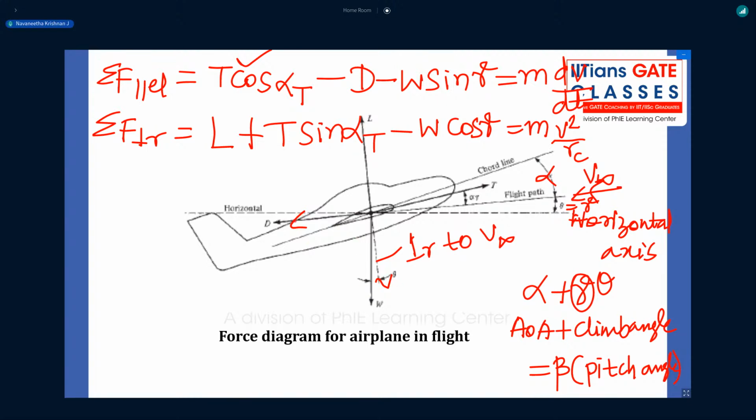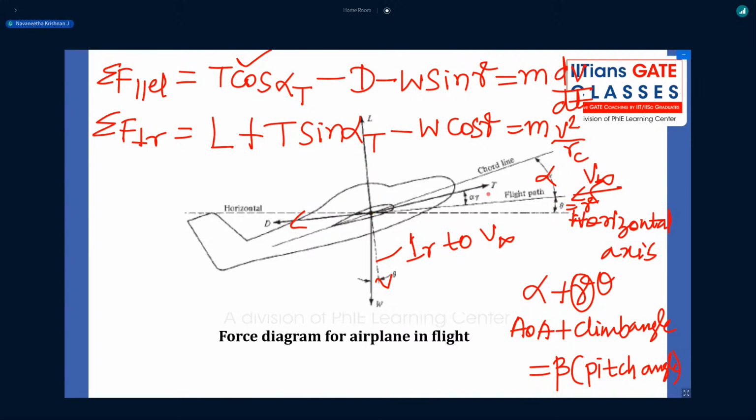Here it is away from the angle, so it results in W sin gamma. But it is also opposite to the direction of flight, so there is a minus sign, minus W sin gamma. Equal to mass into linear acceleration, normal acceleration.